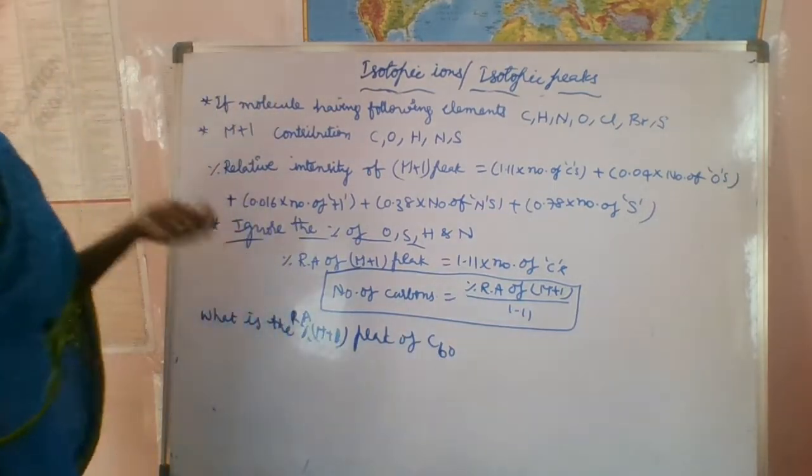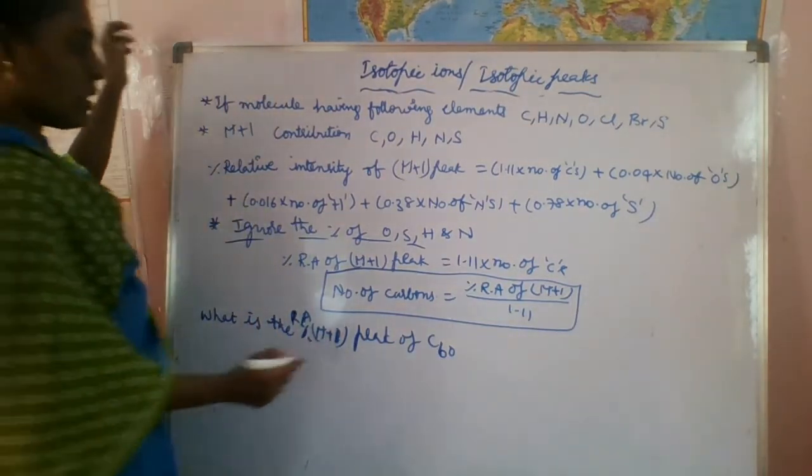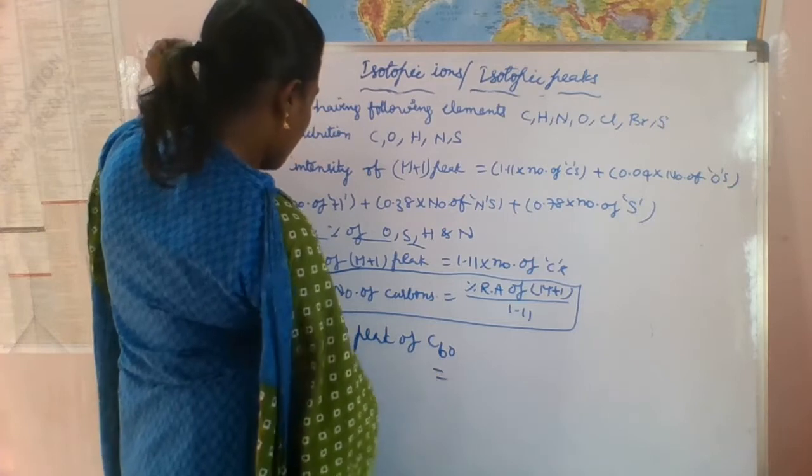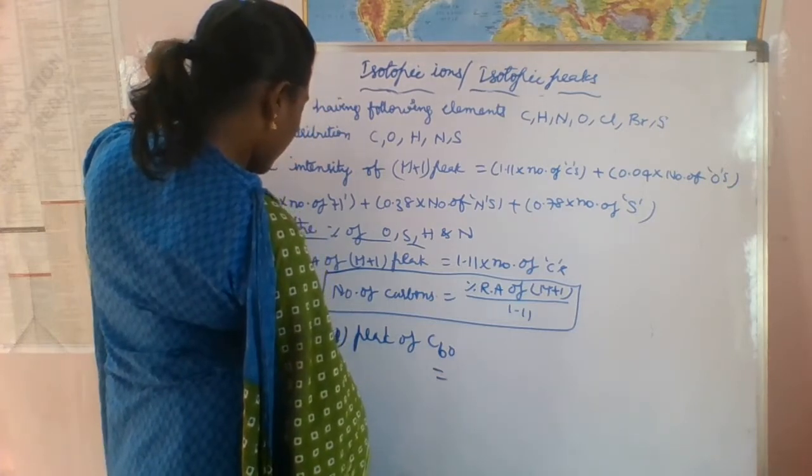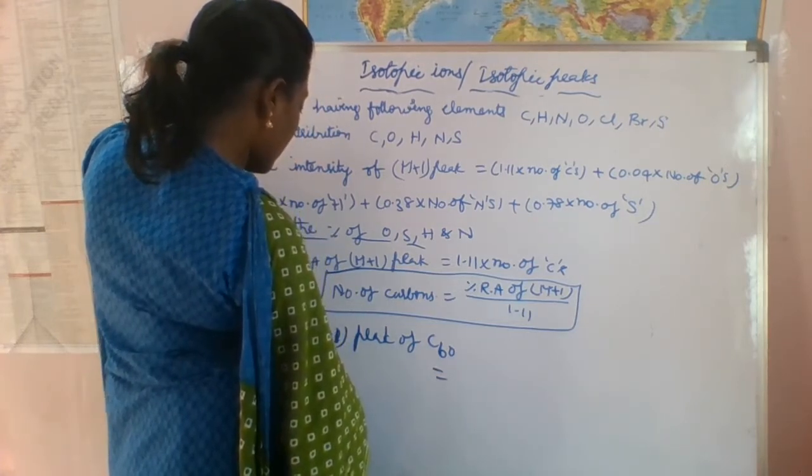You can calculate, right? Here the percentage of relative abundance or relative intensity?